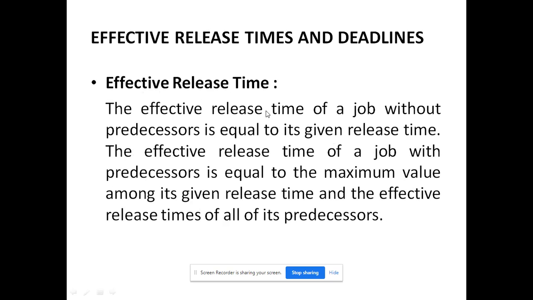Effective release time: the effective release time of a job without predecessors is equal to its given release time. And the effective release time of a job with predecessors is equal to the maximum value among its given release time and the effective release times of all of its predecessors.